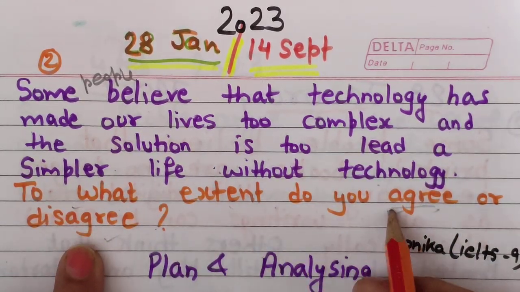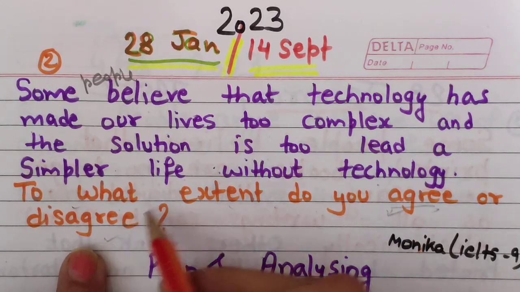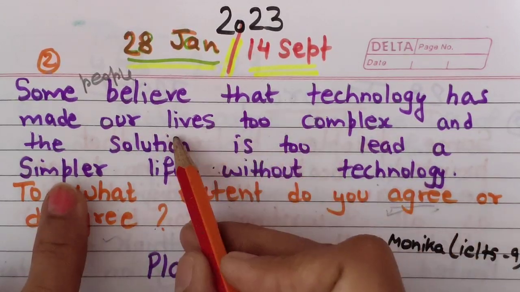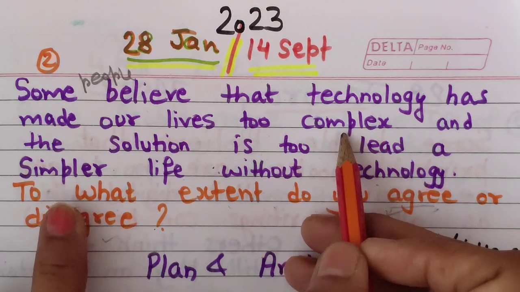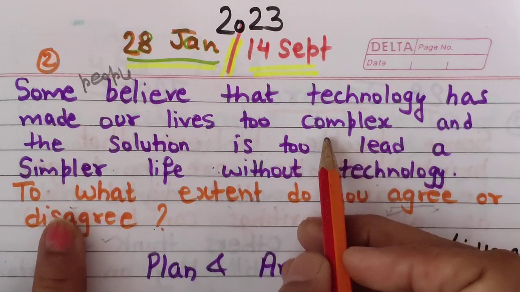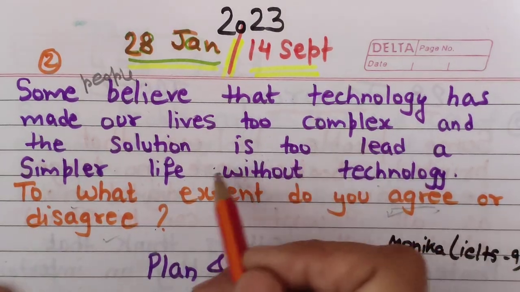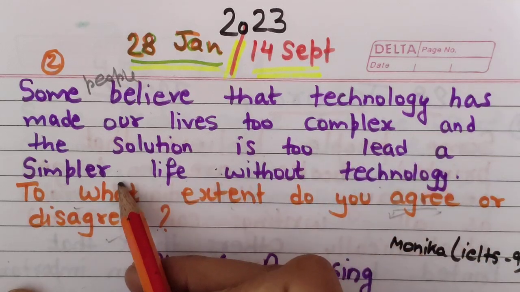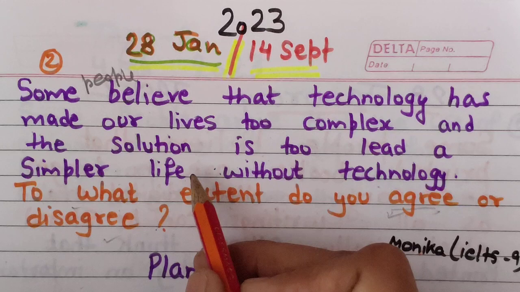So it is asking whether you agree or disagree. I will go for disagreement, because I believe that technology has made our life too easy. It is not complex. It has given us so many things so that we can spend our life easily, and the solution they are giving is to lead a simpler life. But we cannot imagine our life without technology.